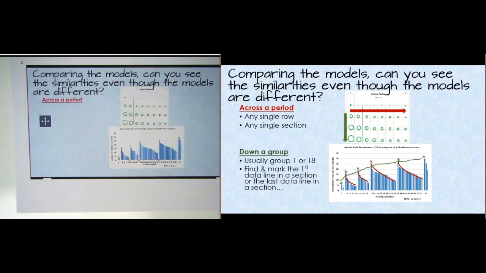You're going to find, for example, either the first data line or the last data line. I chose the first one in this particular case. You can see that I just took the first element in every one of them. I highlighted it with a star. You don't have to highlight it, you just need to be able to see it. And then you can see I drew a really bad line going from one part to the next.